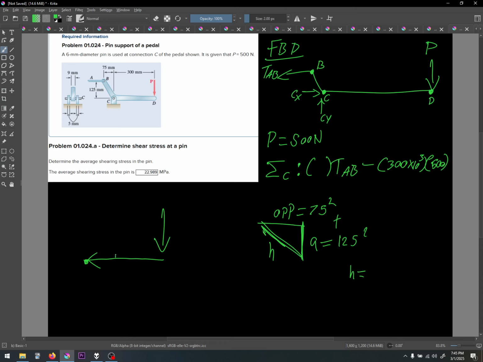If I was to raise this at any height, it wouldn't do anything. I don't think that would matter at all. So where's our force? Here's our force. So this height here wouldn't matter at all if we're finding the force.